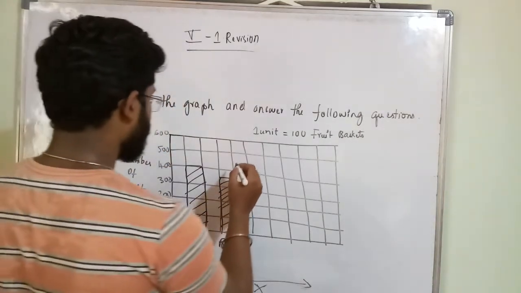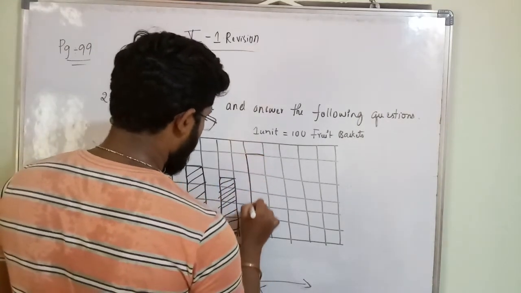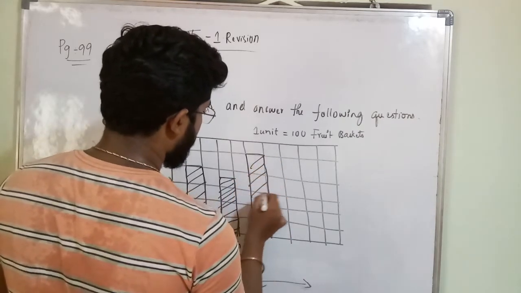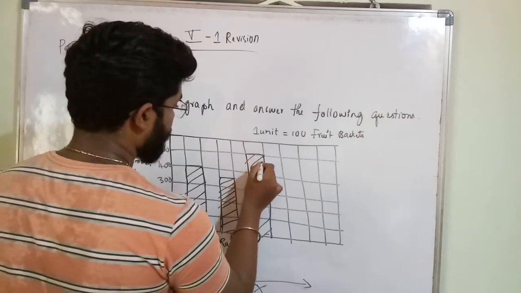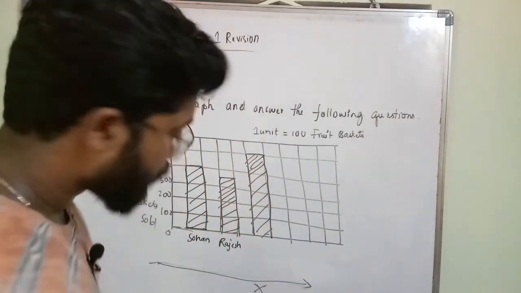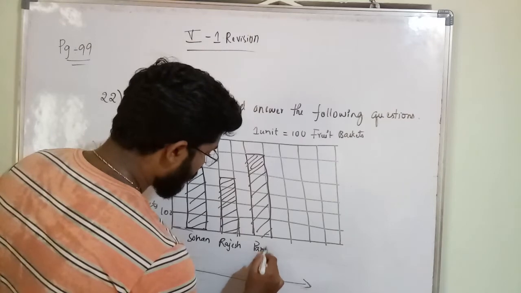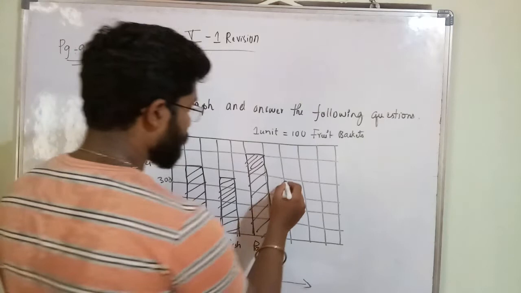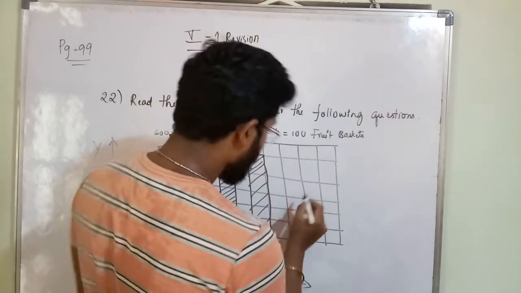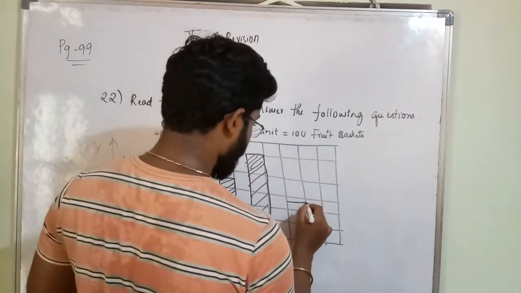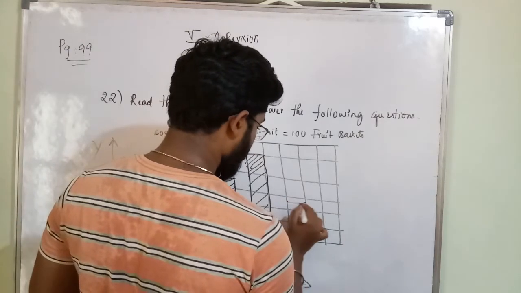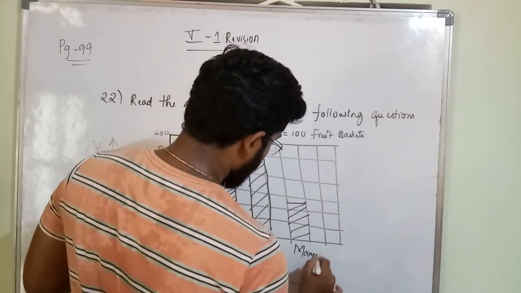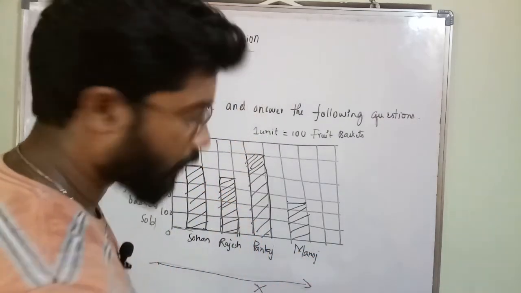Next, Pankaj. This is for Pankaj. Next, Manoj. Manoj sold up to where? 250. Next, Ankur.